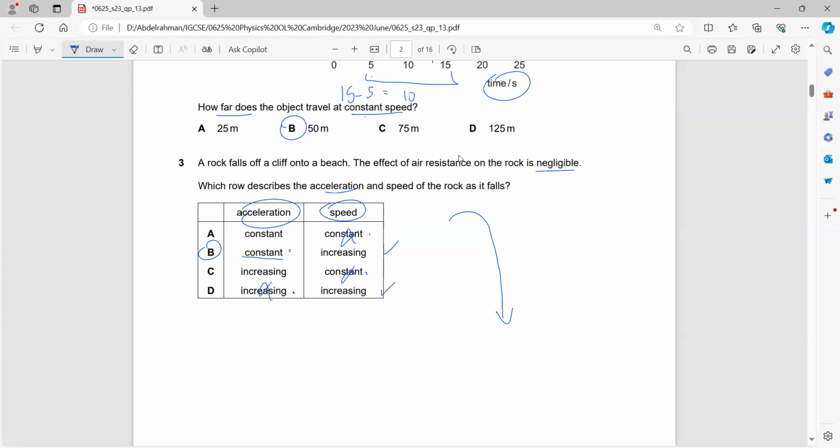Because it's 9.8 meters per second squared. This is the acceleration of free fall. If you jump from a plane, as you're falling, the acceleration equals 9.8 meters per second squared. That's the acceleration of free fall.